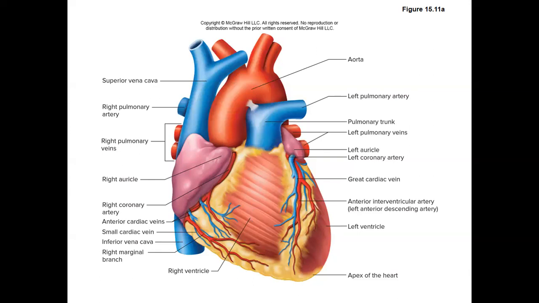So it gets pumped from the right ventricle into the pulmonary trunk, and that will lead you into the pulmonary arteries. So pulmonary arteries, you have the left one that goes to the left lung here. You have the right one that will go to the right lung here.